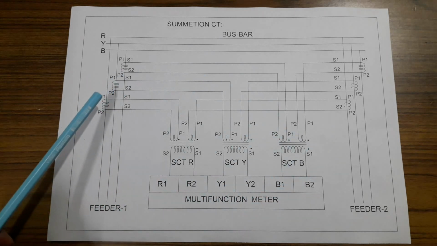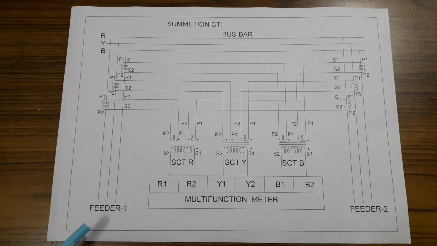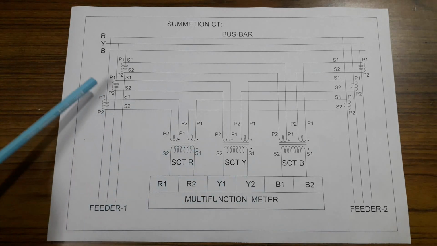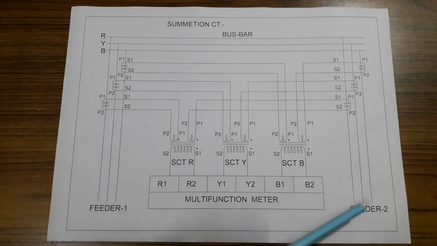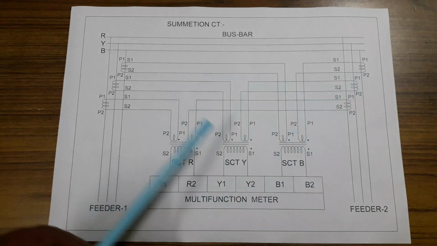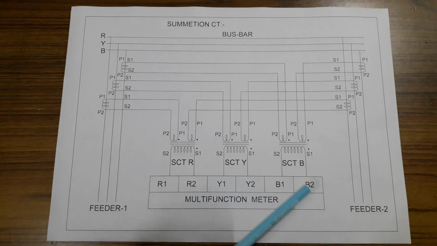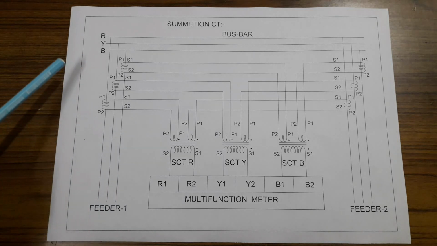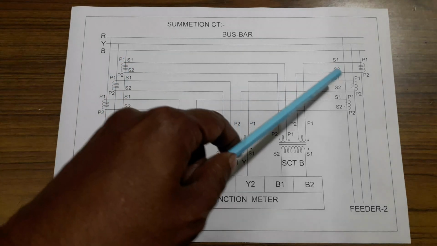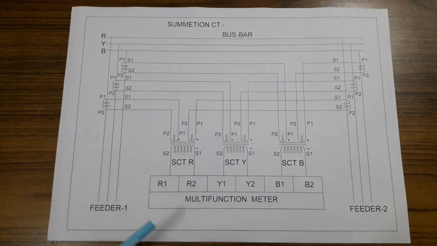Again similarly, from Y phase of feeder 1 this CT and feeder 2's Y phase CT, both are summed here in SCTY. Similarly for blue phase, both CTs are summed here in SCTB and then go to the multifunction meter for reading.